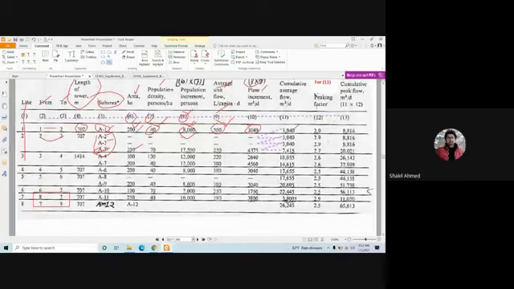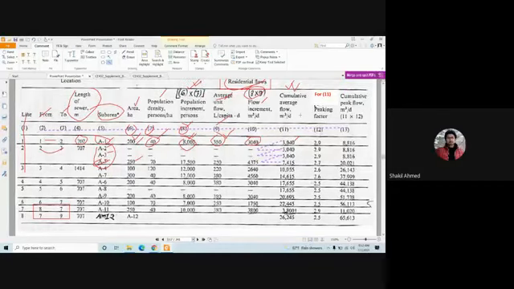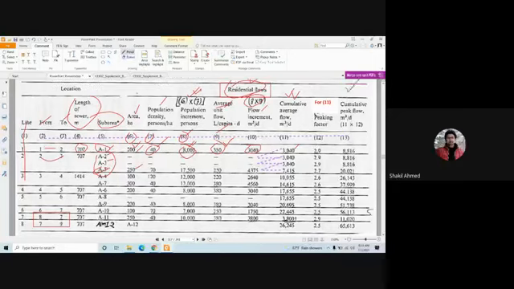So the key point: the peaking factor will be based on the cumulative average flow. Now the cumulative peak flow will be 2.9 multiplied by 3040.